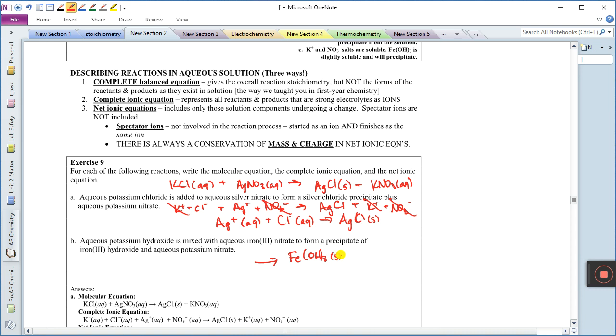So what did we have to start with? What of the reactant side will we care about if what we're trying to get out of it is iron hydroxide? Hydroxide and iron. So what charge will my iron have? Plus 3.